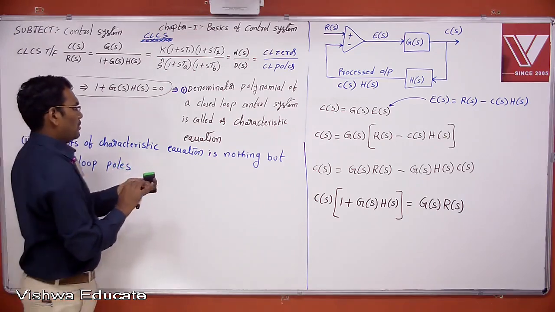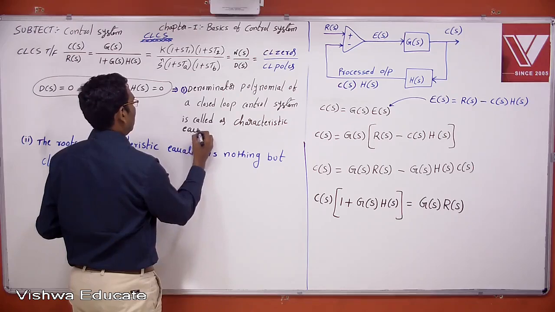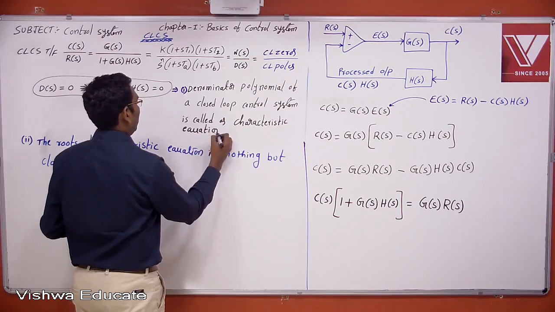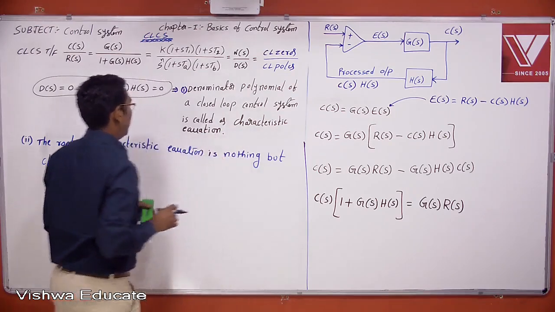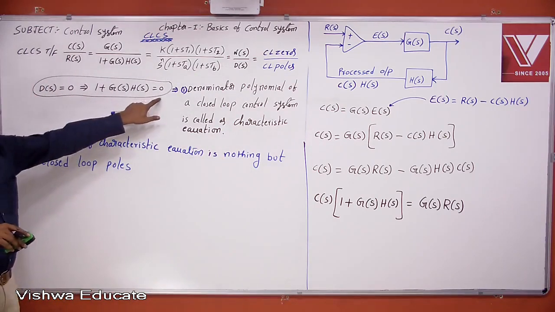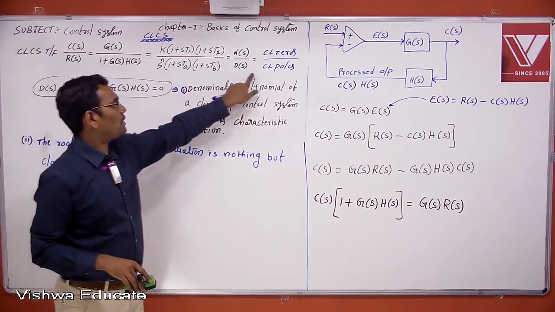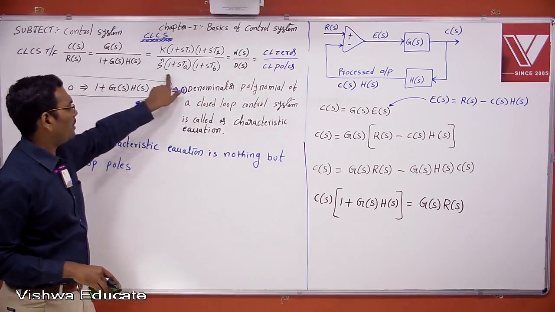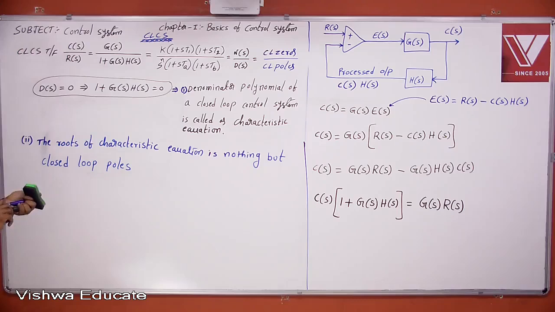The denominator polynomial of a closed loop control system is called the characteristic equation, and the second point is that the characteristic equation roots are nothing but closed loop poles. So this is important.